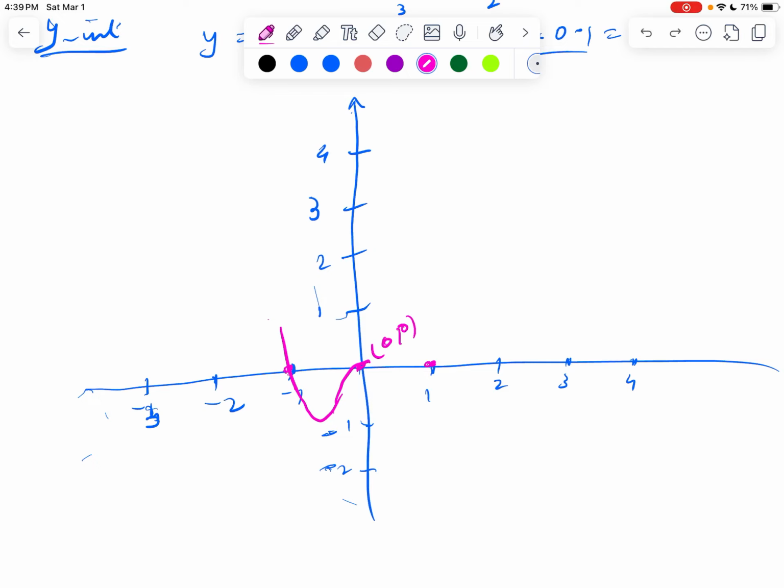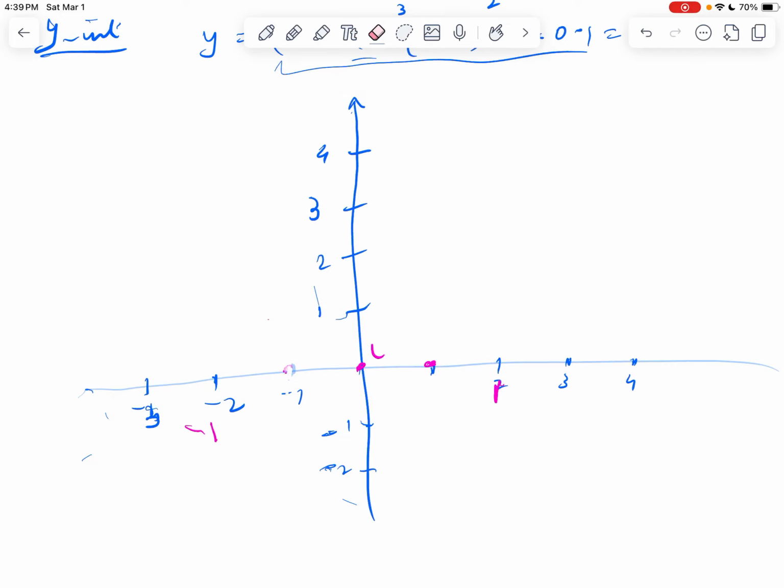So for example, if instead of taking this as 1, if I take this as 1 and this as -1, then okay, so we have this is -1 and that is 1 there.